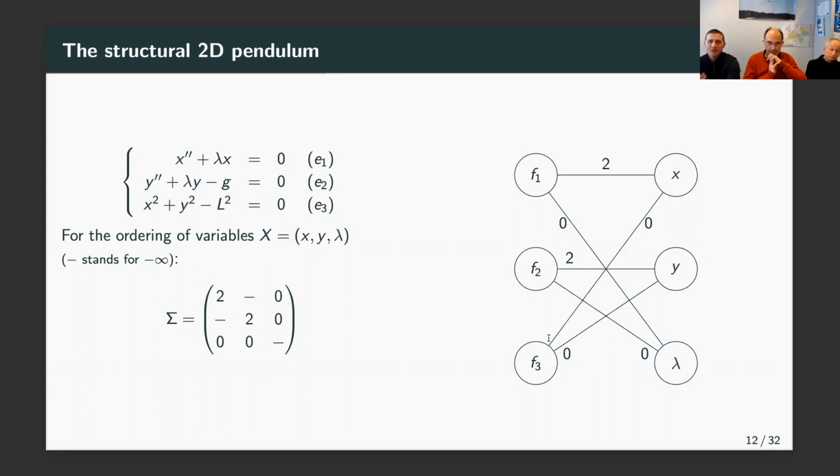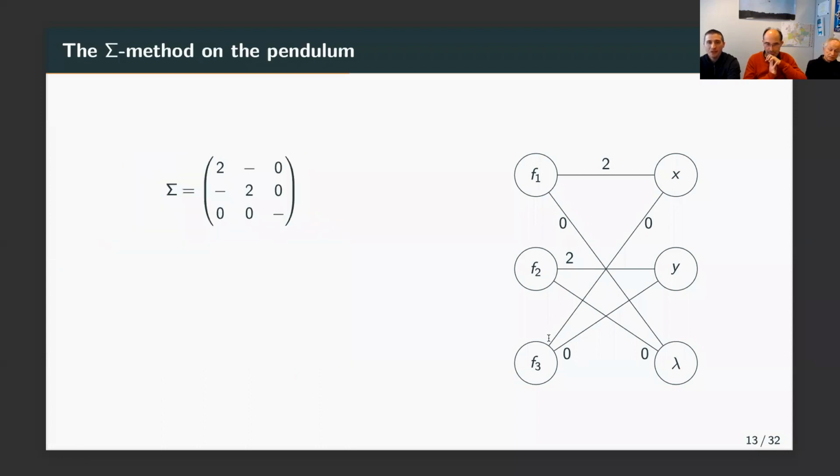And several methods exist for finding adequate orders of differentiation for the equations from this structural information. The one we will be focusing on is called the sigma method. It was designed and it was published in 2001 by John Price. And the idea is that basically in two pretty simple steps, the system can be turned into its ODE-like form.